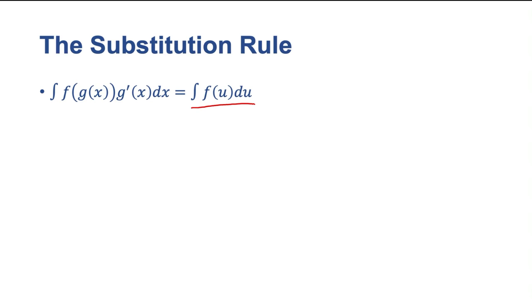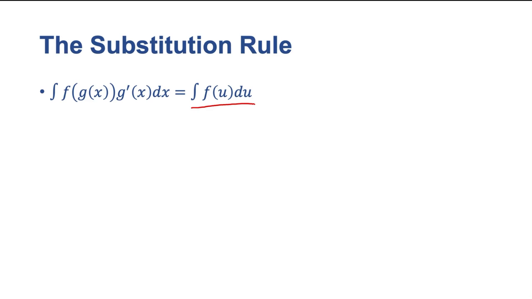And then the g of x is going to be what we set our u equal to, and that's going to be some sort of argument of a trig function or a logarithm or an exponential. And then also, we are actively seeking out where we can find the derivative of that function inside of the operator in our integrand.